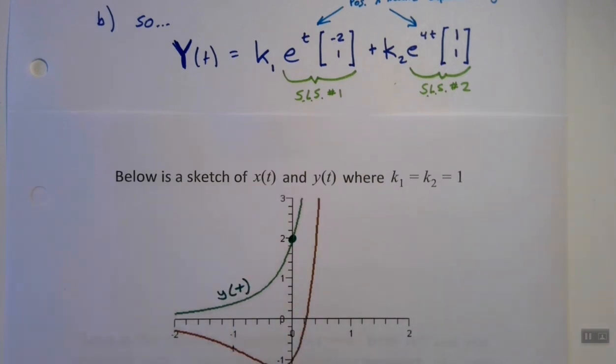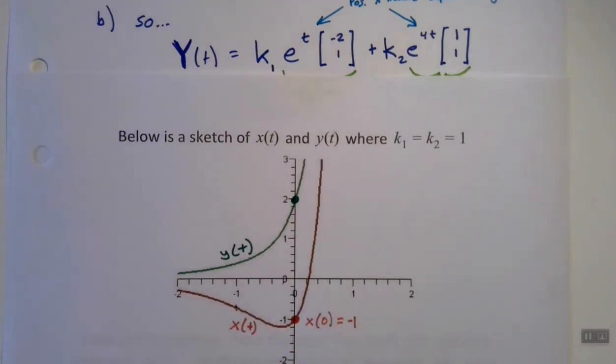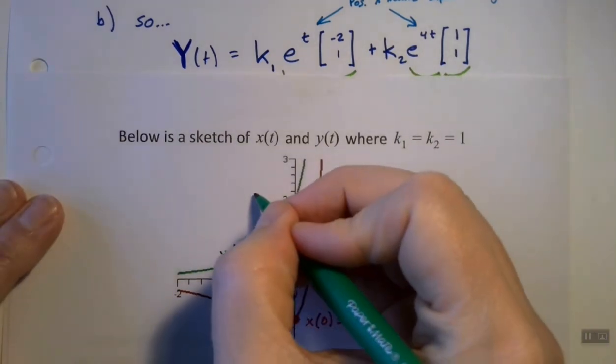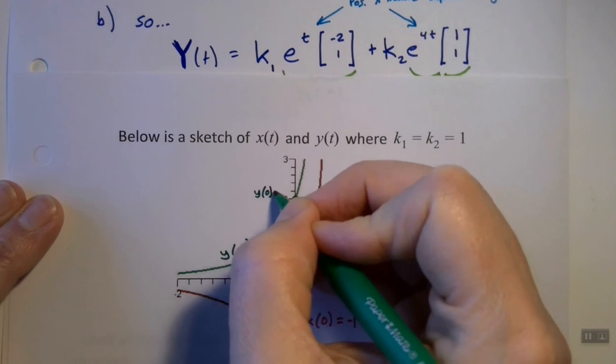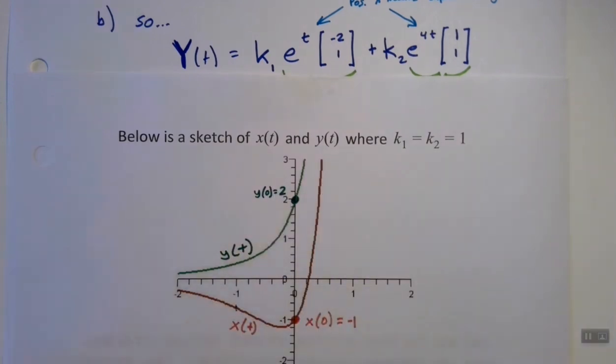And again, using the initial condition helps us identify which parametric equation we're talking about. Again, you can say that's because x of 0 equals -1, and up here, let me scooch it up so you can see it, that's because y of 0 equals 2. So no big surprises there.